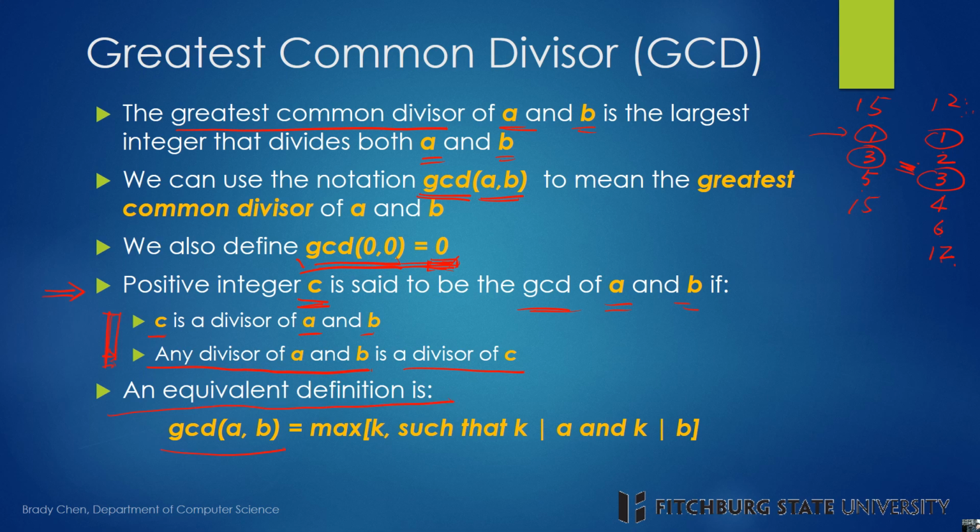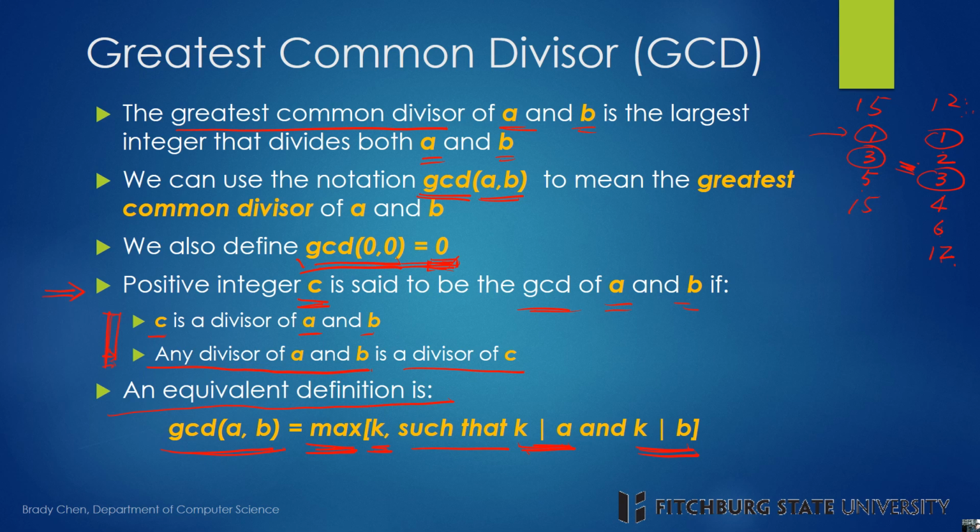So we can use the equivalent definition: the greatest common divisor of a and b is defined as the maximum among all the k such that k divides a and k divides b. K divides a and k divides b means k is a divisor of a and b.